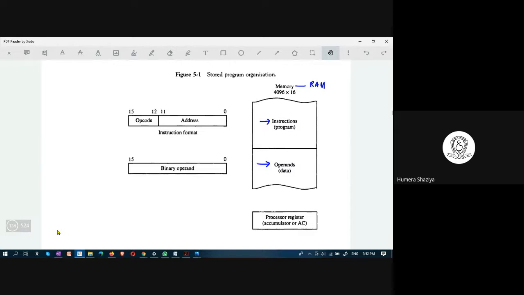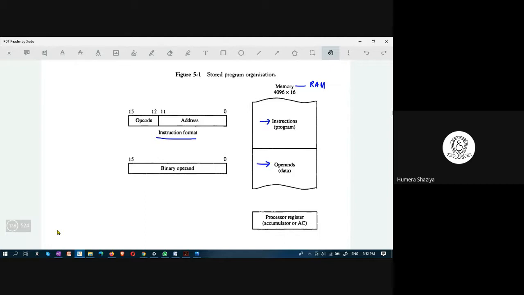And look at this instruction format. It is divided into parts. Here in this case it is divided into two parts. Actually it is divided into three parts, we will learn as we go ahead. What are these two parts?